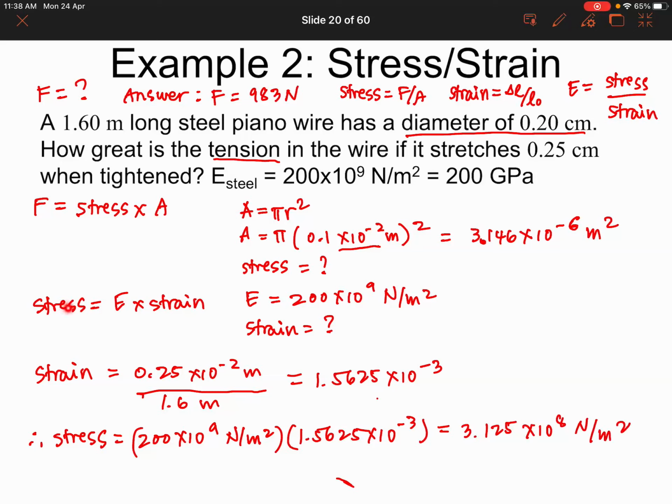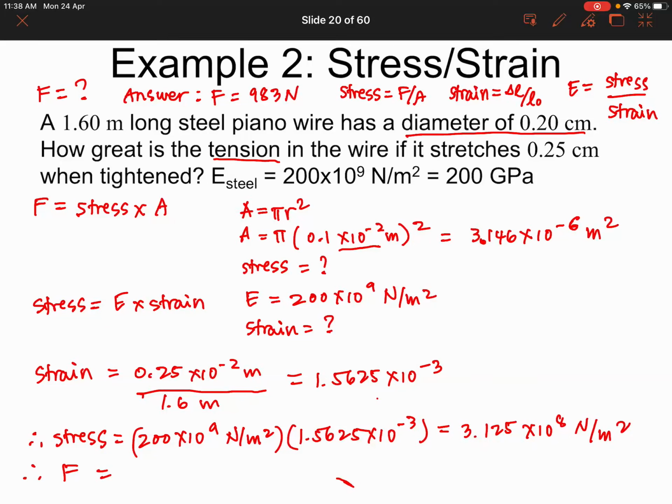And once you know the stress, you work your way backwards again. Once you know the stress, then you can know the force from the definition of stress. So the force is equal to stress times the cross-sectional area.